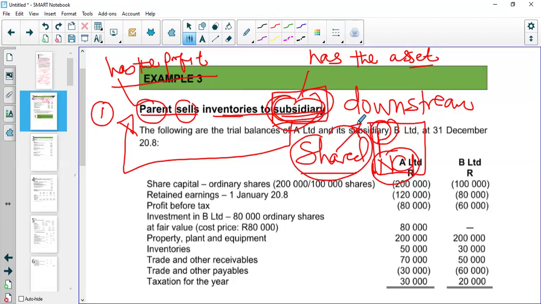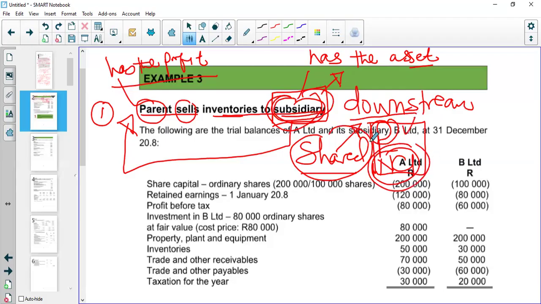So it's important to understand who sold, because if the parent is the seller in a downstream transaction, then the profit of the subsidiary does not need to be adjusted. And then you can just share it because there's no adjustment. But if the subsidiary is the seller, first of all, you need to adjust the profit of the subsidiary and then share between the parent and the NCI.